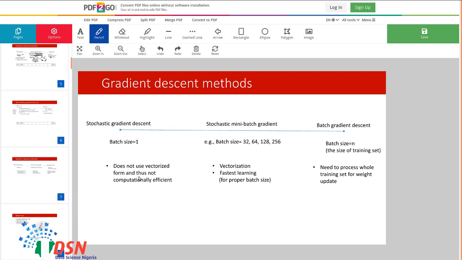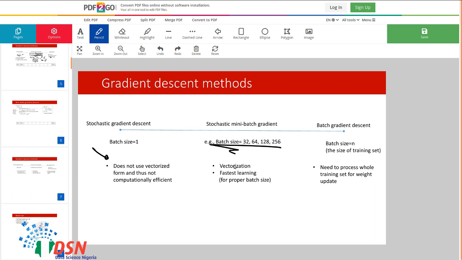So here we have a summary of what we said, what the benefits of each are, and what the characteristics of each are. As you can see, for batch size equal to 1, we could not vectorize the calculation, so it is not really computationally efficient.